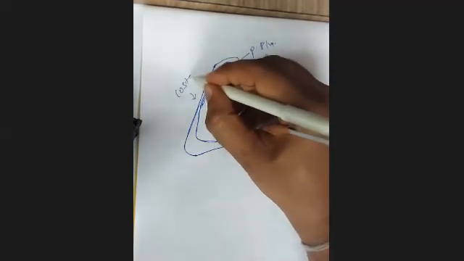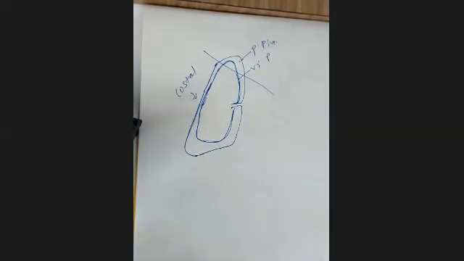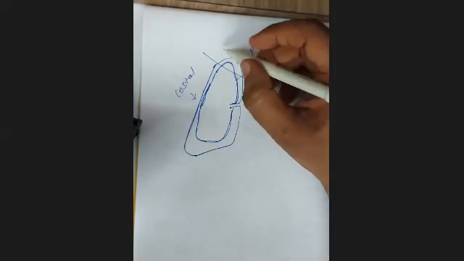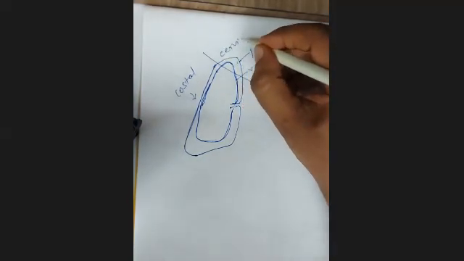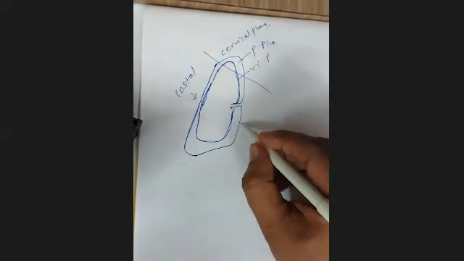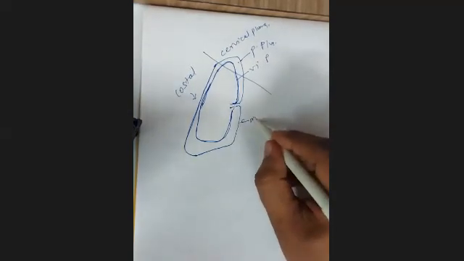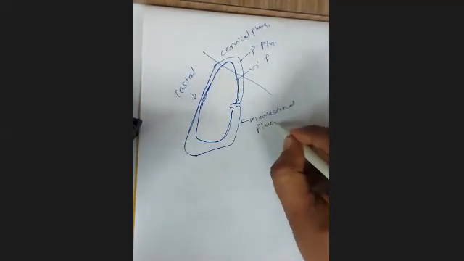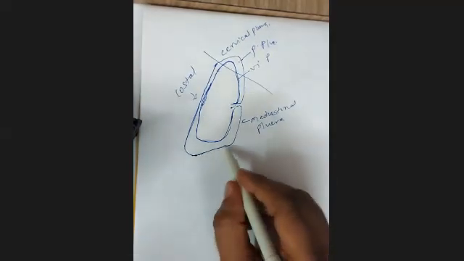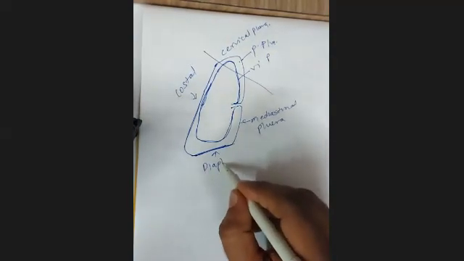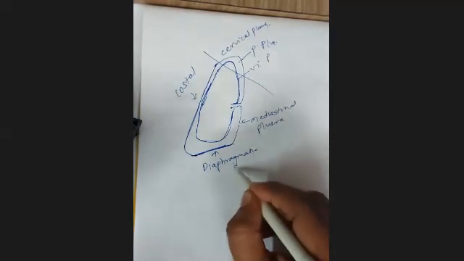The parietal pleura on the outer side is called the costal pleura. The part which goes above the clavicle covering the apex is called the cervical pleura. The part on the medial side is the mediastinal pleura. The lower part which comes in contact with the diaphragm is the diaphragmatic pleura.